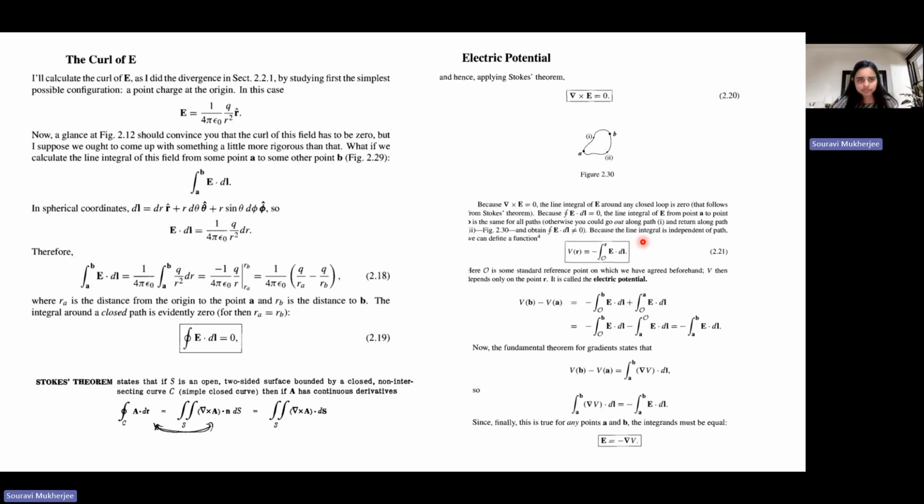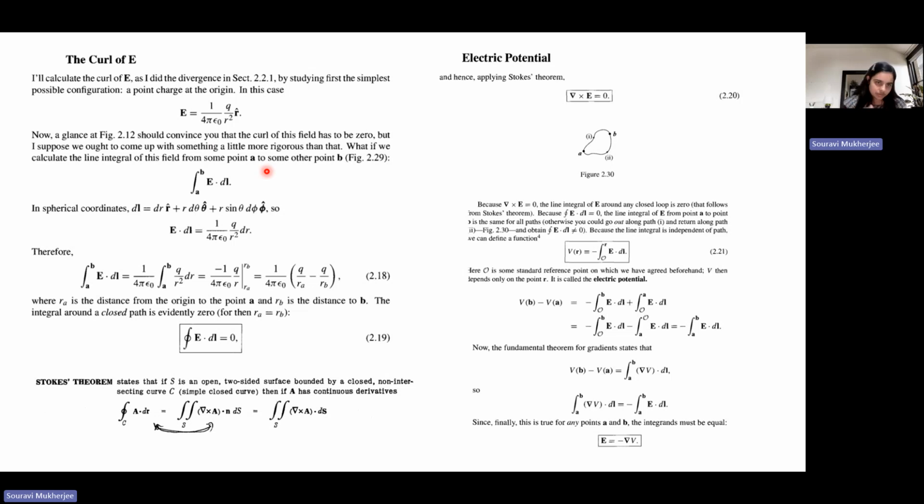Now, in order to completely characterize the field that we have, we also need information about the curl of the electric field. For this, what was done is that if you have a point charge, this is the field. What we try to do is a line integral of the field from some point A to point B, and then we considered a closed path.